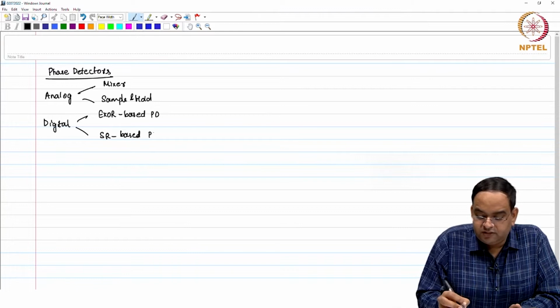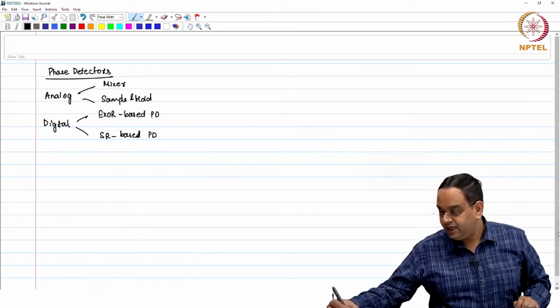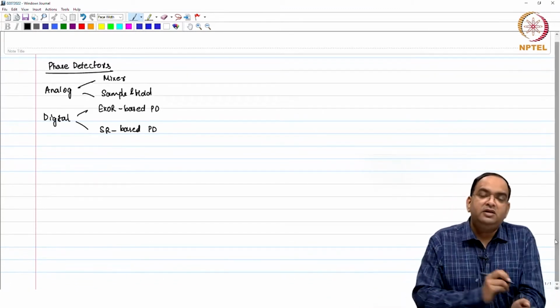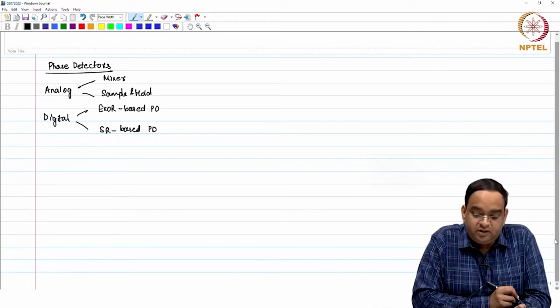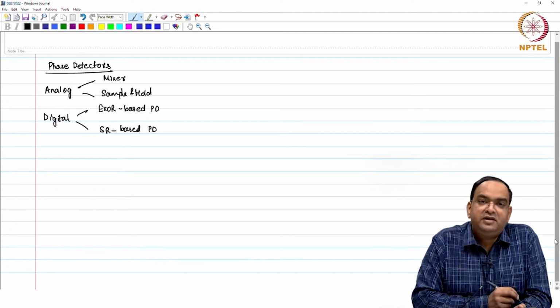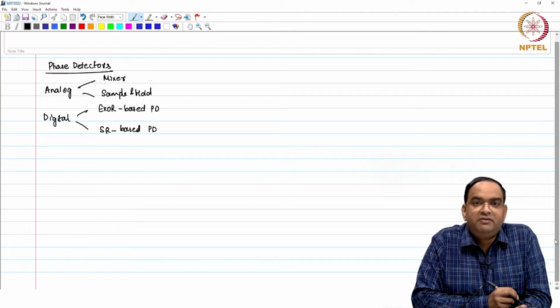With all these phase error detectors, we actually measured the phase error between the input and the output signals. Now, when you are using these phase error detectors in a PLL, you have to detect the phase and frequency both.